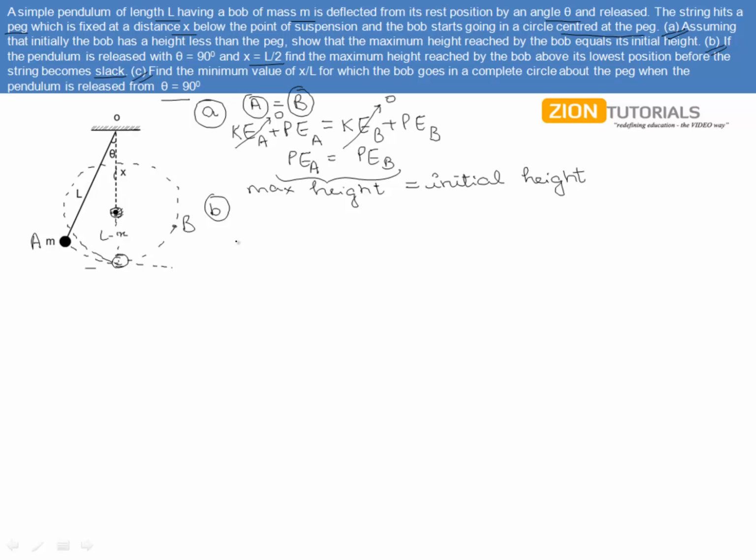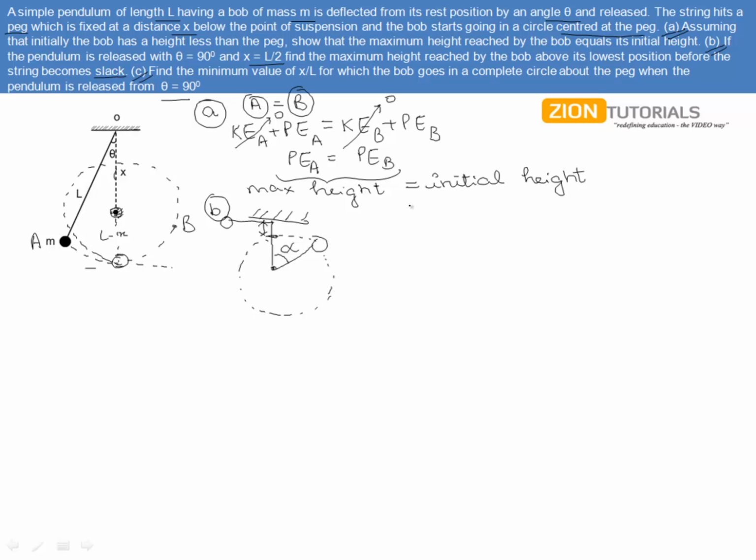So let us draw the diagram of this question, roughly like this, hanging from here, this being the peg, this being the point where the tension becomes 0 in this circular motion. Now let this angle be alpha with the vertical, and this is actually the height. It has come down because it has been released from the angle 90, right?